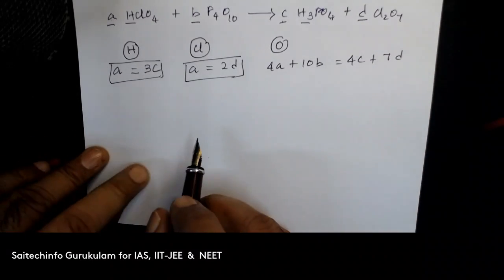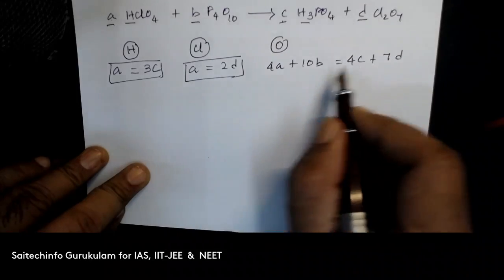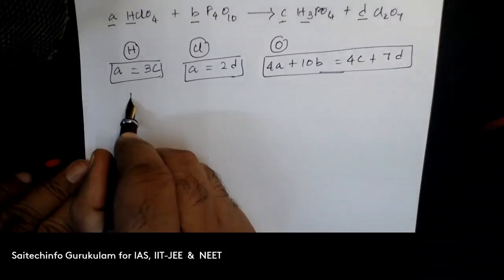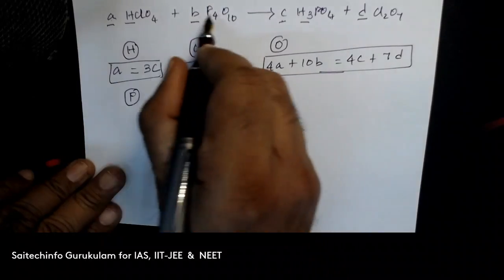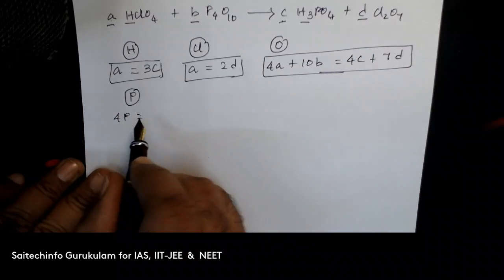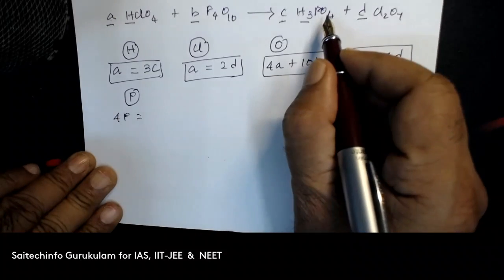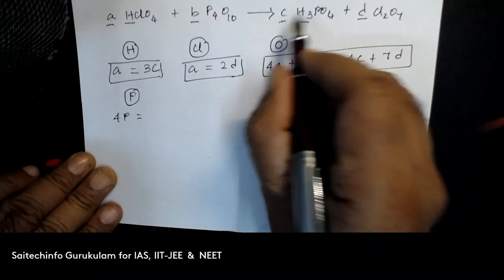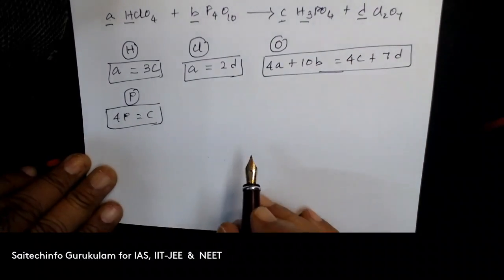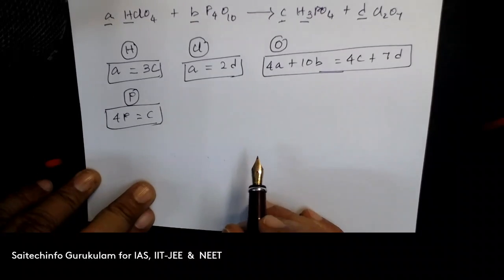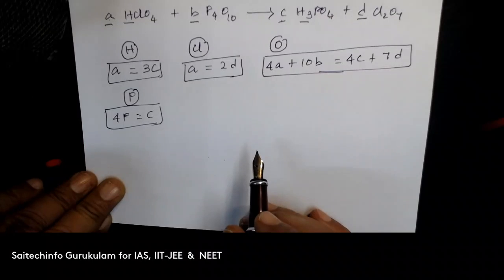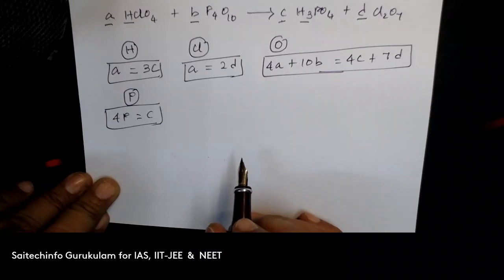And phosphorus: 4B on the LHS is equal to 1C on the right hand side. So we have to write down this set of equations for each element.